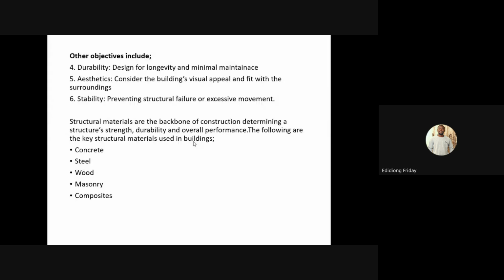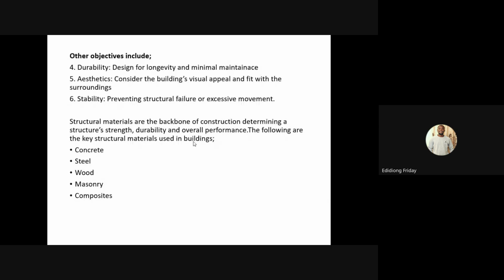You have to make sure your structural design falls in line with the architectural design so that there is a smooth transition, and the two designs don't go at loggerheads, with the architecture saying one thing and the structure saying another.